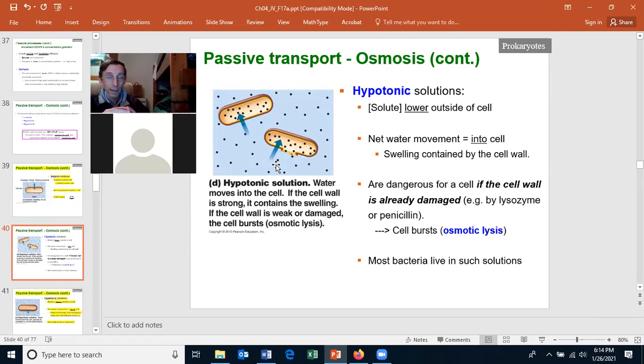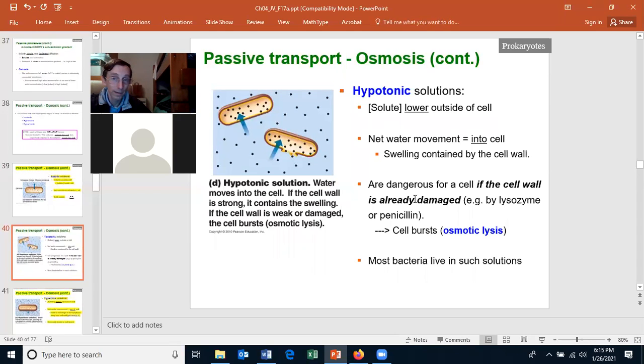The cell membrane will expand up until it reaches the cell wall. But if the cell wall is damaged by lysozyme or penicillin, there will be a hole or no cell wall, in which case the cell membrane will continue to expand and then will eventually burst, and then the cell will go under osmotic lysis, and that'll kill the cell.